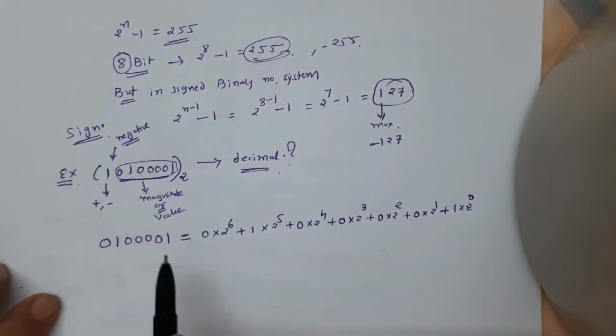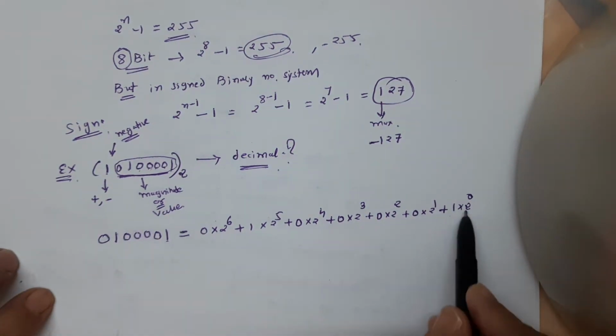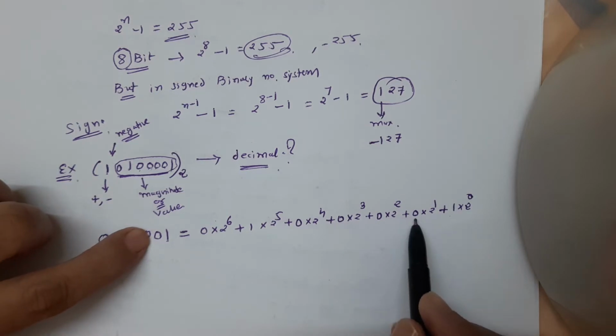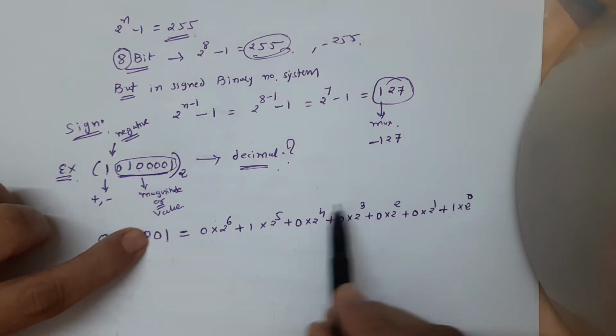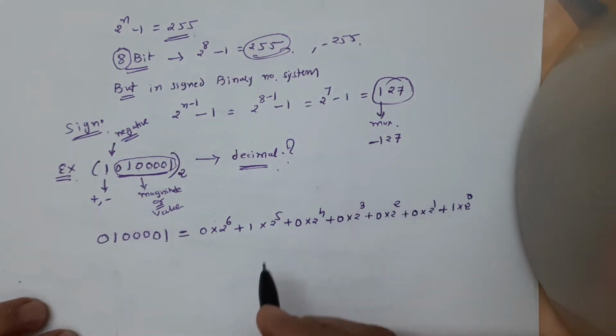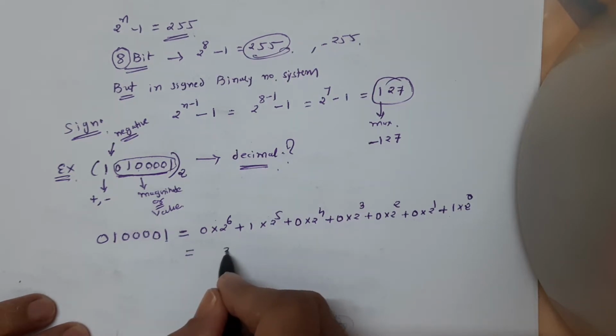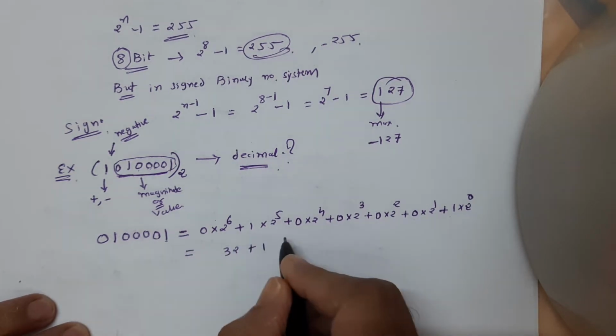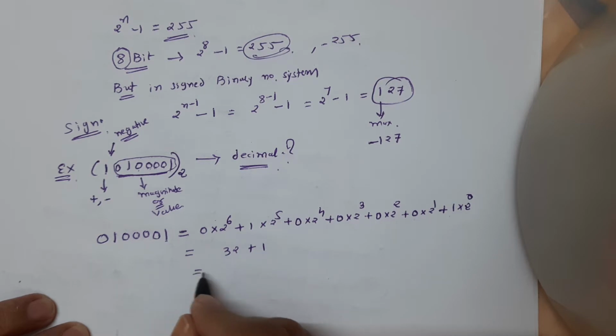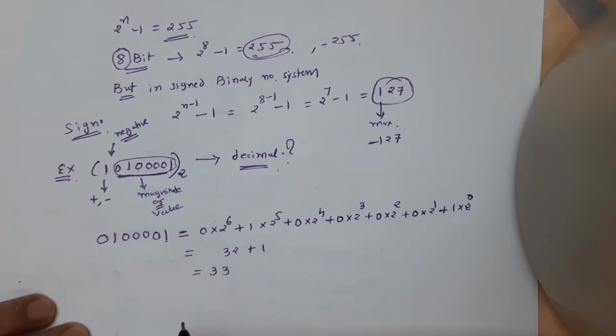So you start from 1 into 2 raised to 0, then 0 into 2 raised to 1, 2 raised to 2, 2 raised to 3, like this. So this is equal to 32 plus 1, and that is equal to 33.